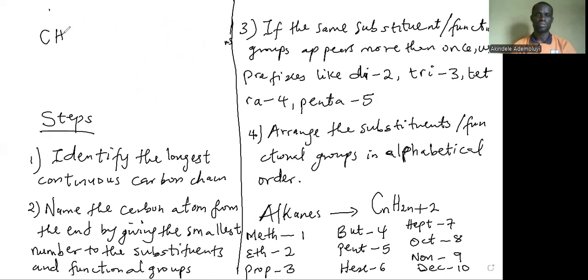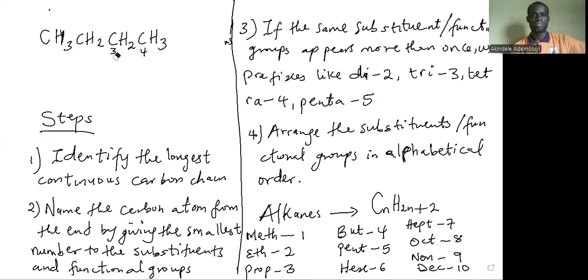This is CH3, CH2, CH2, CH3. Now, what compound is this? Let's count. How many carbons do we have? 1, 2, 3, 4. We have 4 carbons.